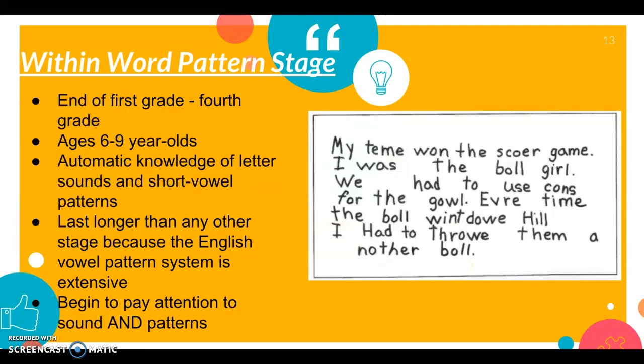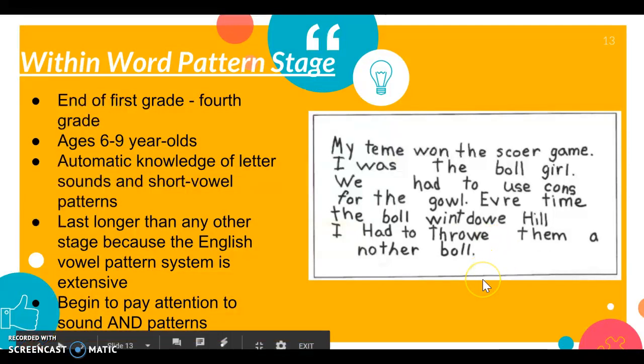Kim hears the long vowel sound in words like team, goal, and throw, but she selects incorrect patterns, spelling them as T-E-M-E. Goal she spelled G-O-W-L, and throw she spelled T-H-R-O-W-E. And she omits the silent E in cones. These are good examples of how Kim is using but confusing long vowel patterns.